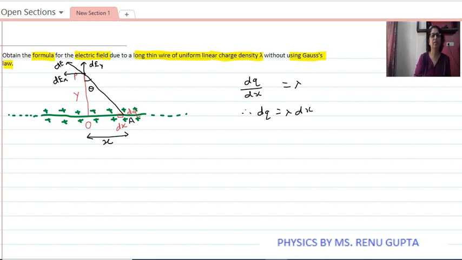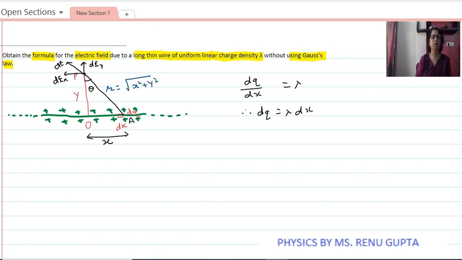Now this is distance x, OA is x, OP is y. Therefore the distance r, which we consider as r, will be equals to under root x square plus y square.